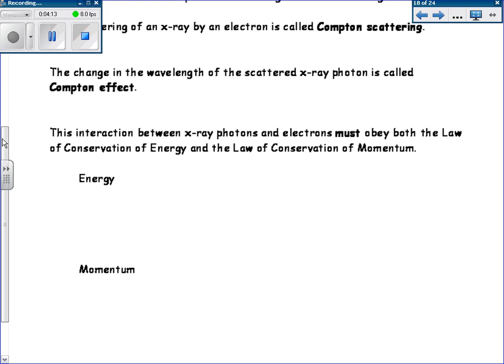So what that means is that energy before equals energy after. And that energy before is the energy of the incoming photon or incoming X-ray. And the energy after is the energy of the deflected X-ray plus the energy of that scattered electron. That electron goes off at an angle.